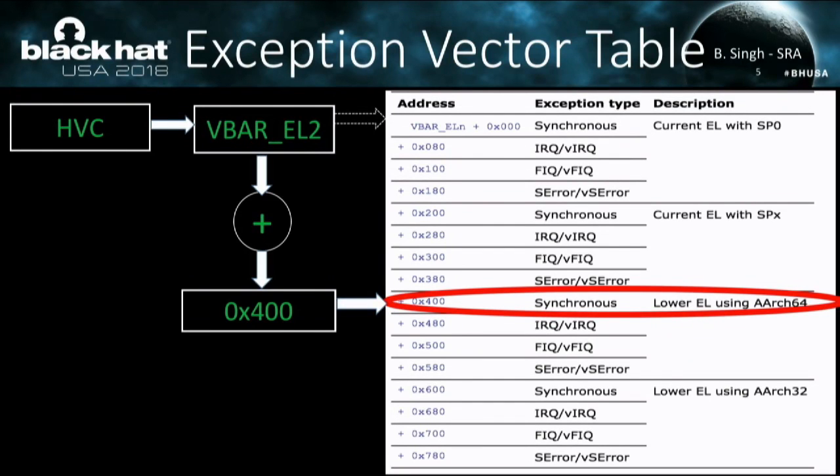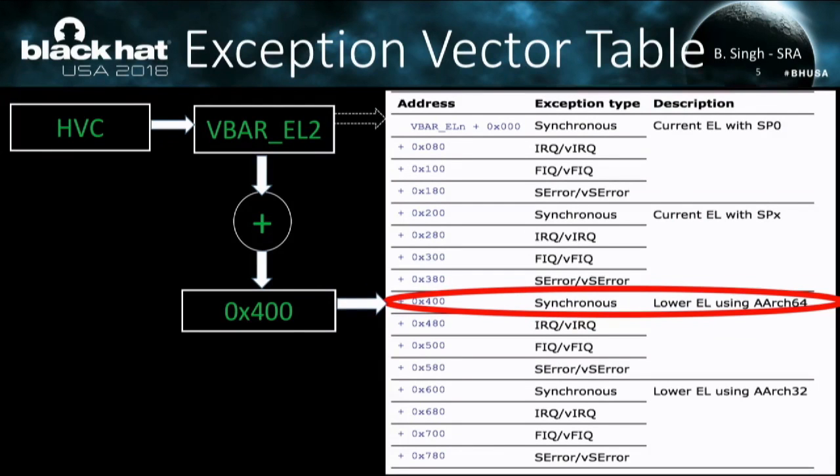This exception vector table has 16 handlers in it, and each handler is executed based on the kind of exception. In the case of an HVC originating from a 64-bit kernel, the exception handler that will be executed is at an offset of 0x400.